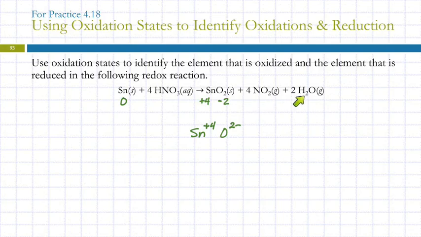Then we get into these, and these are just all nonmetals, and so now we can't really look at charges. We do have to look at oxidation states. Let's start with water at the end here.